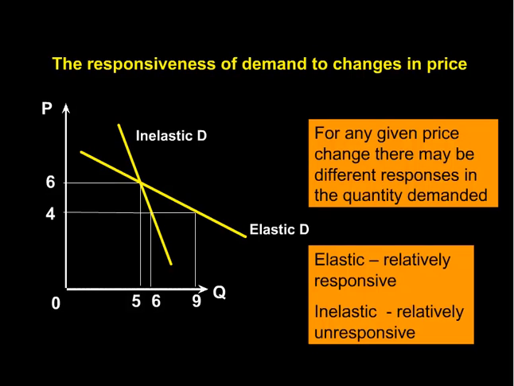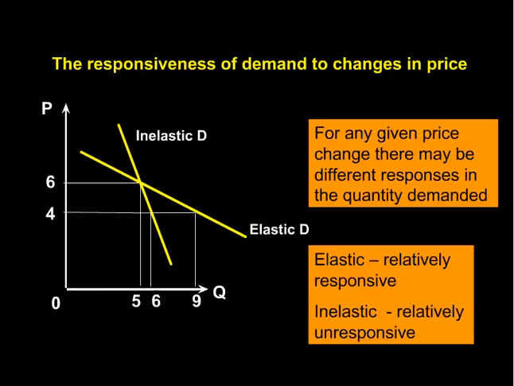So the price has fallen by 33.33%, but the quantity demanded has increased by 80%. Therefore, demand is relatively responsive to this proportionate change in price.